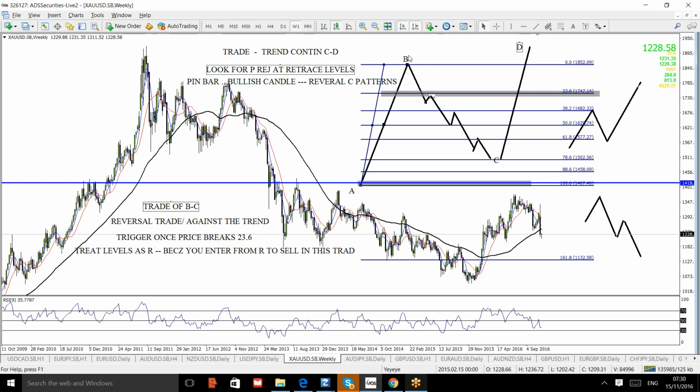That is the only use of that tool. We can use the Fibonacci expansion tool to project C and D in advance, even before it has commenced, if we have points A, B, and C. Make sense, guys?